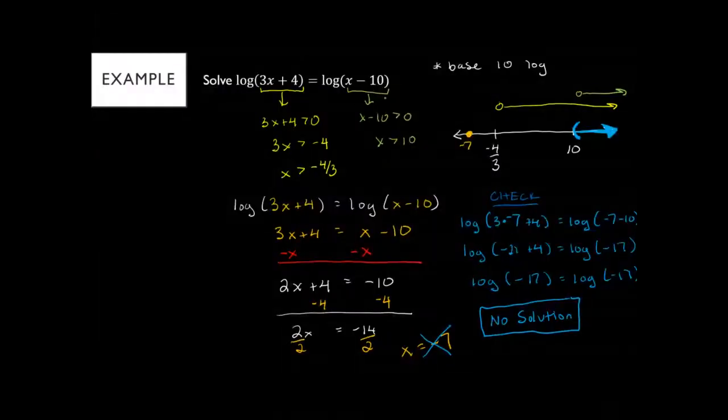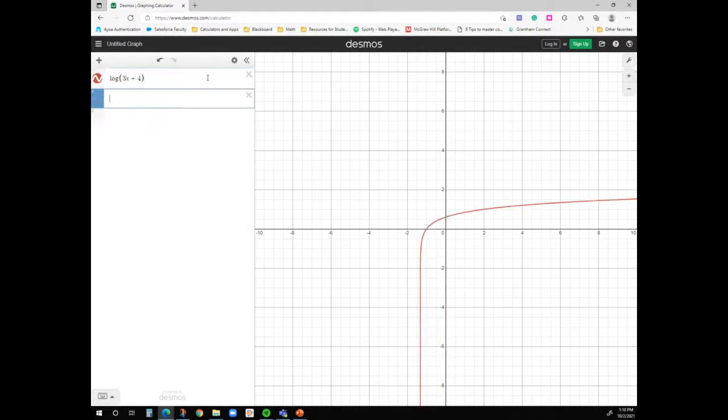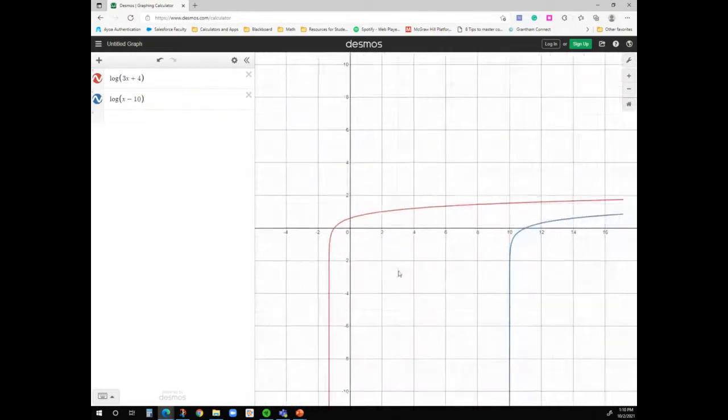What this means is basically if we took this left equation and graphed that, and then took the right equation and graphed it, we're looking for the intersection, where these two things are equal. So I would be typing into Desmos each side, and then looking for where they overlap.